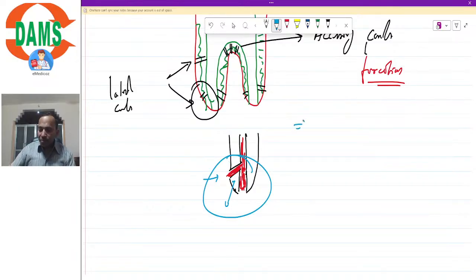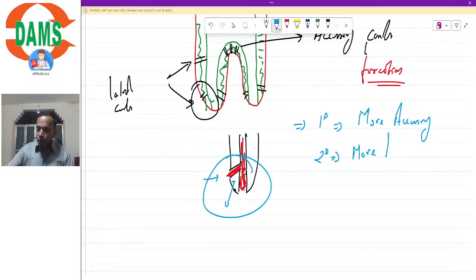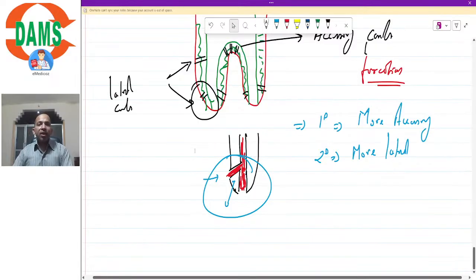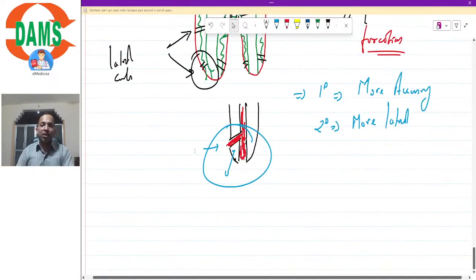And in case of primaries, there are more accessory canals as compared to the permanent, but in case of permanent, there are more lateral canals as compared to the primary tooth, right? So in case of primaries, there are more accessory. In case of permanents, there are more lateral canals.